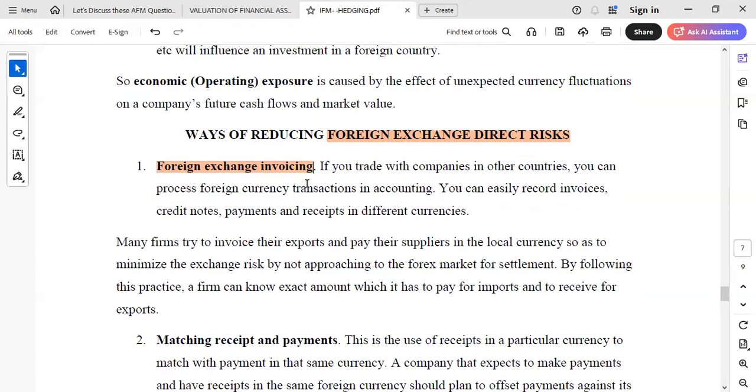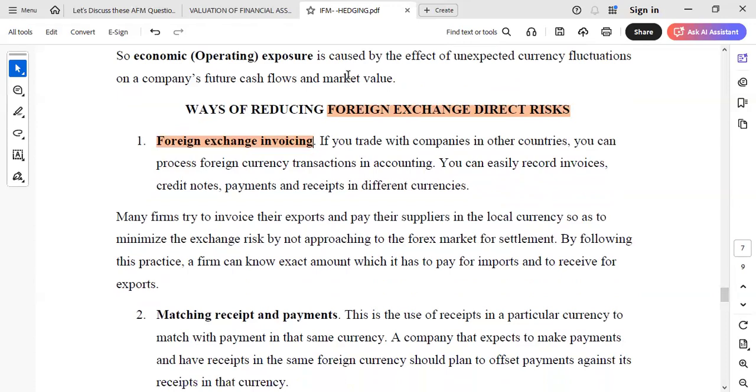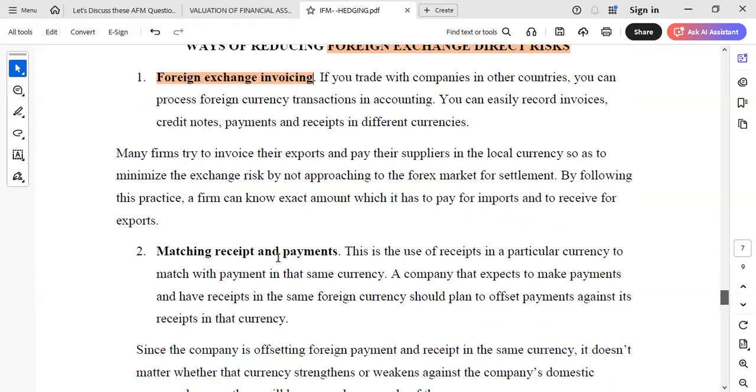If I'm to receive money, I receive in my home currency. I don't want to convert. You see, like some landlords, they say pay me in dollars. So it's you to sort yourself. You match receipts with payments.